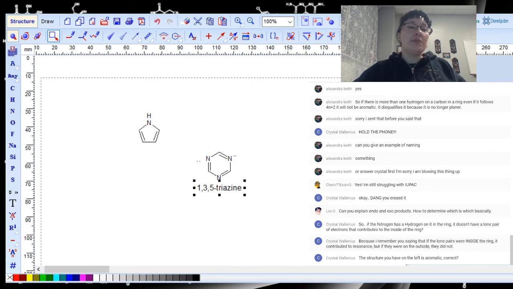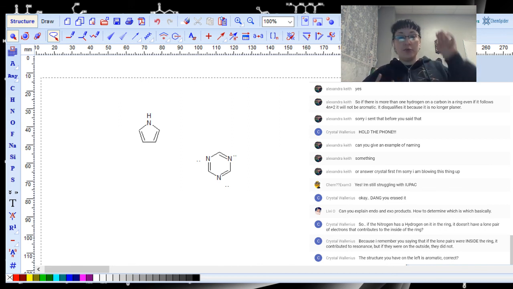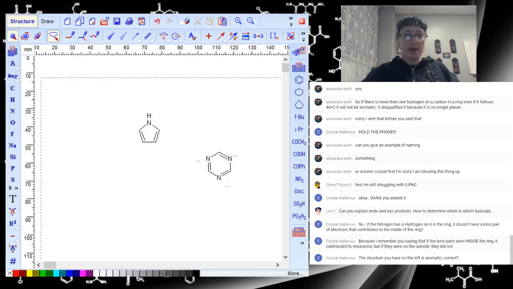Now, if it's something that needs to be part of the ring to contribute to aromaticity, then yes, it's going to be up in that plane, cycling around in those pi bonds. So let me move this back over.